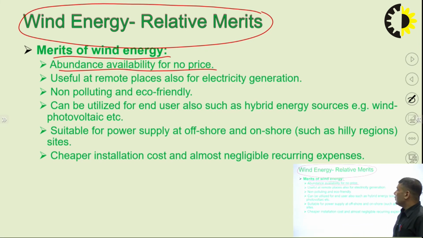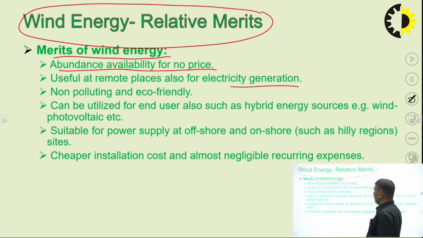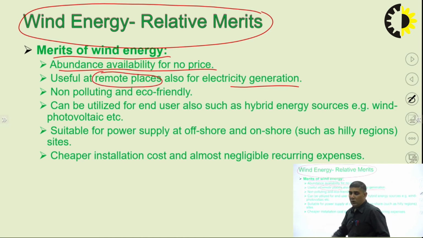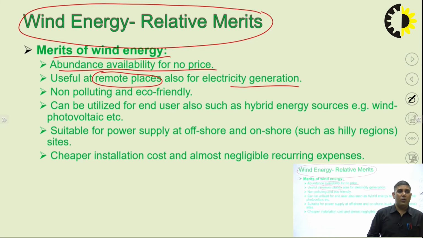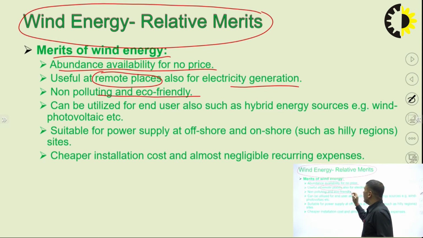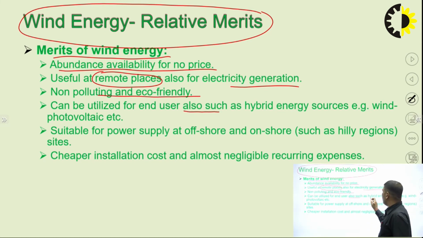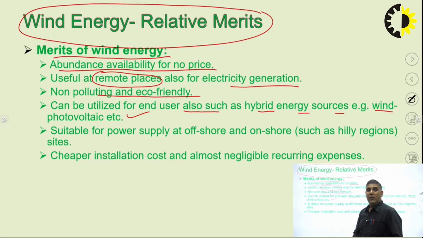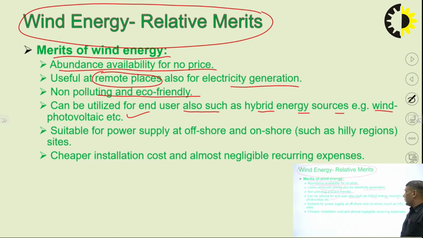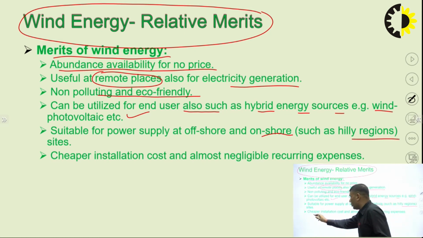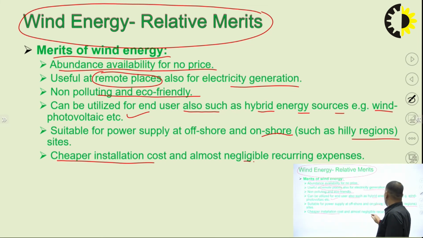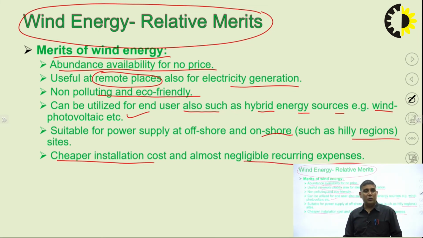Okay, so useful at remote places for electricity generation, and can be utilized for the end user, non-polluting and eco-friendly, and can be utilized also as a hybrid energy source, you can see wind, photovoltaic, etc. They are suitable for power supply at offshore and onshore sites, such as hilly regions, with cheaper installation cost and almost negligible recurring expenses. So these are some of the salient features, merits or advantages of wind energy.